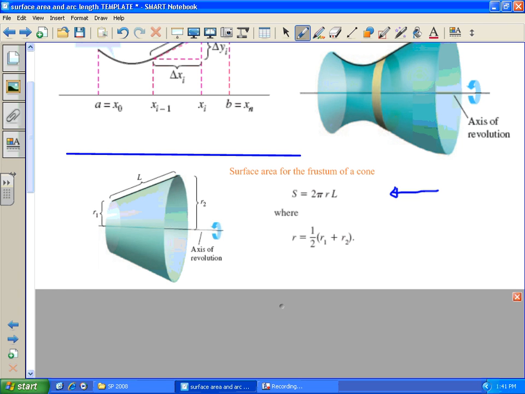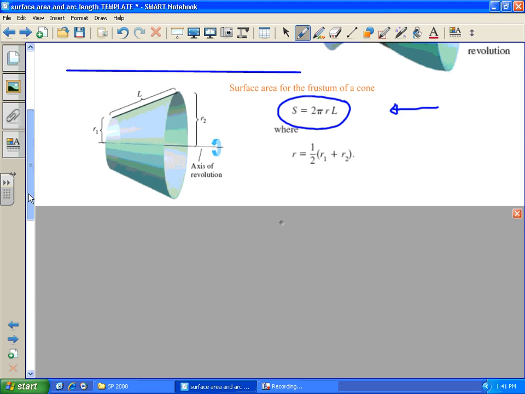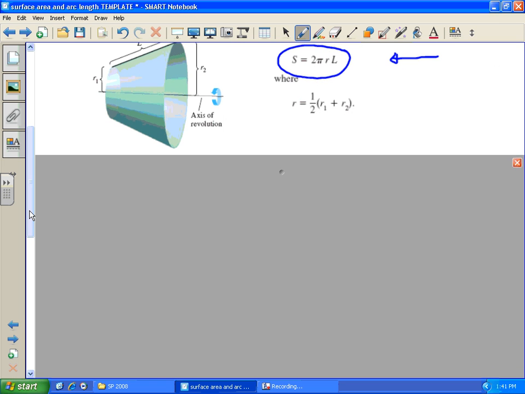And what is L? L is basically the lateral side of this frustum of the cone. So we need to know this formula: S, the surface area for a frustum, is 2 pi RL, where L is the lateral side, because our entire derivation will depend on that formula.